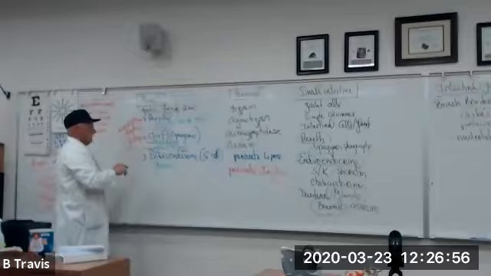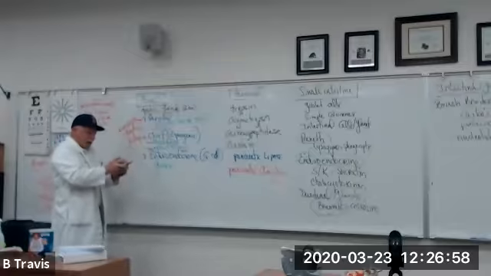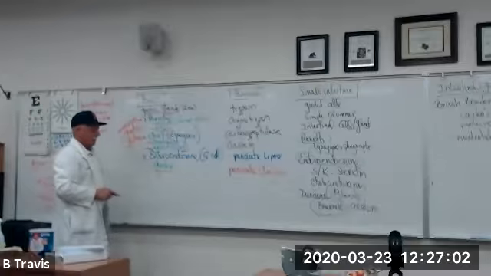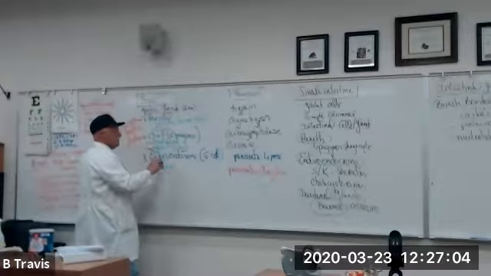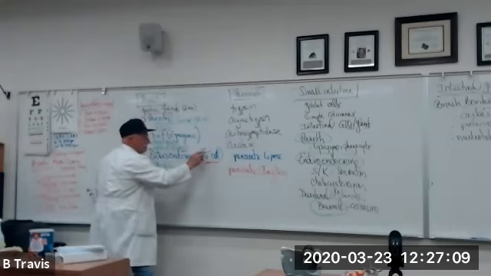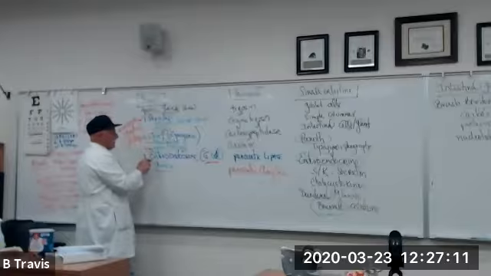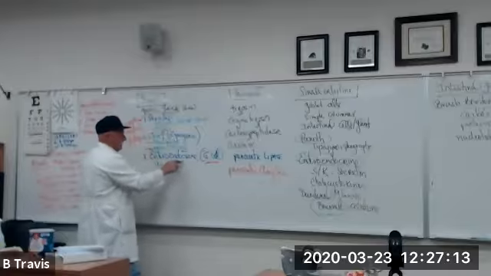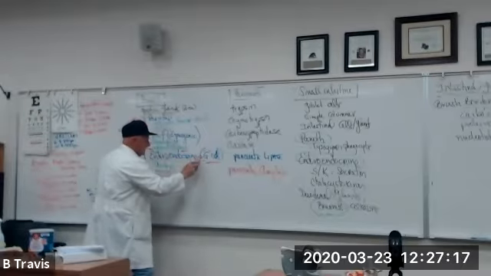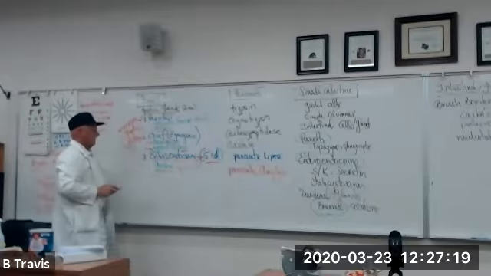What controls this is, when the stomach stretches, it produces a hormone called gastrin. Gastrin is produced by specialized cells called G cells, the letter G, which collectively are called enteroendocrine cells.